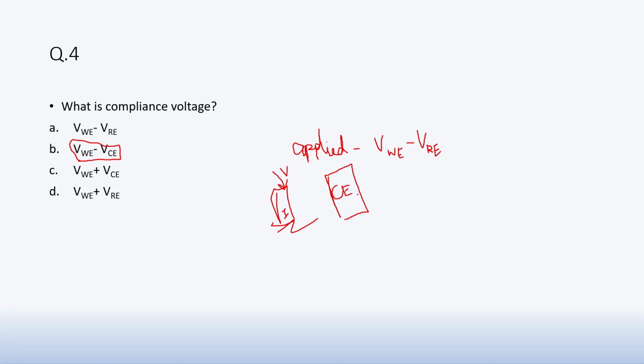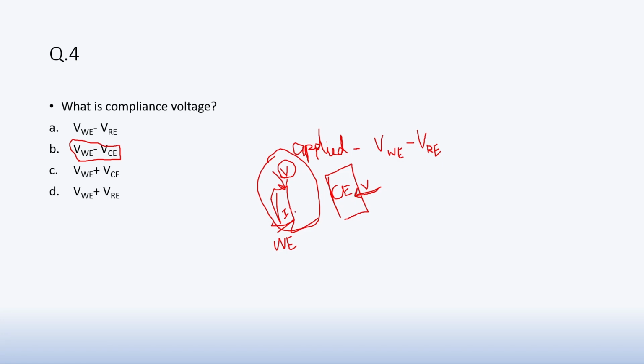Here this potential is maintained by the potentiostat. The potential applied at the working electrode is of our choice: I want this much current, so I apply this much voltage. But the potential applied by the equipment on the counter electrode is not our choice.